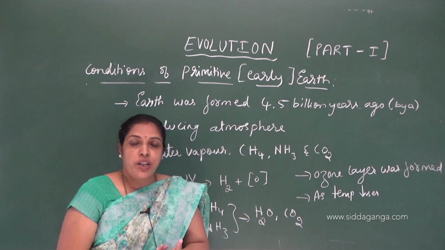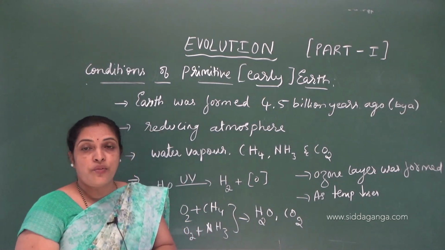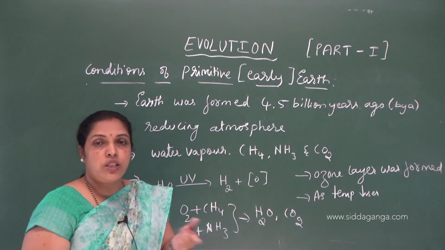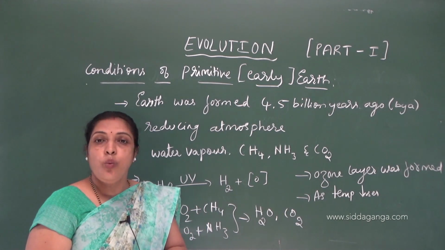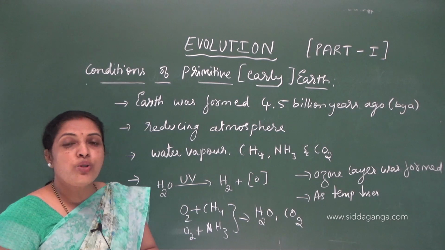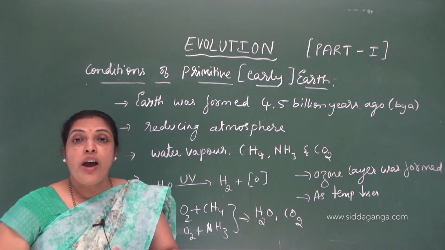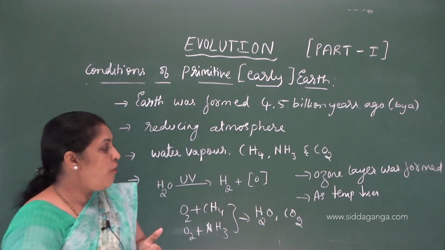Once the temperature came down, the water started retaining on the surface of the Earth in the form of oceans, and life originated in water, that is in the ocean. Like this, life originated nearly 500 million years after the formation of Earth.